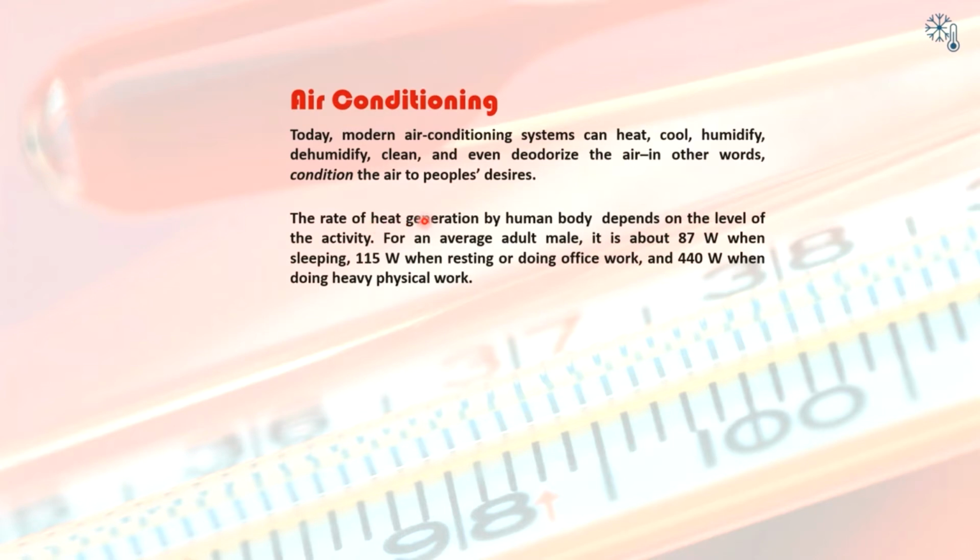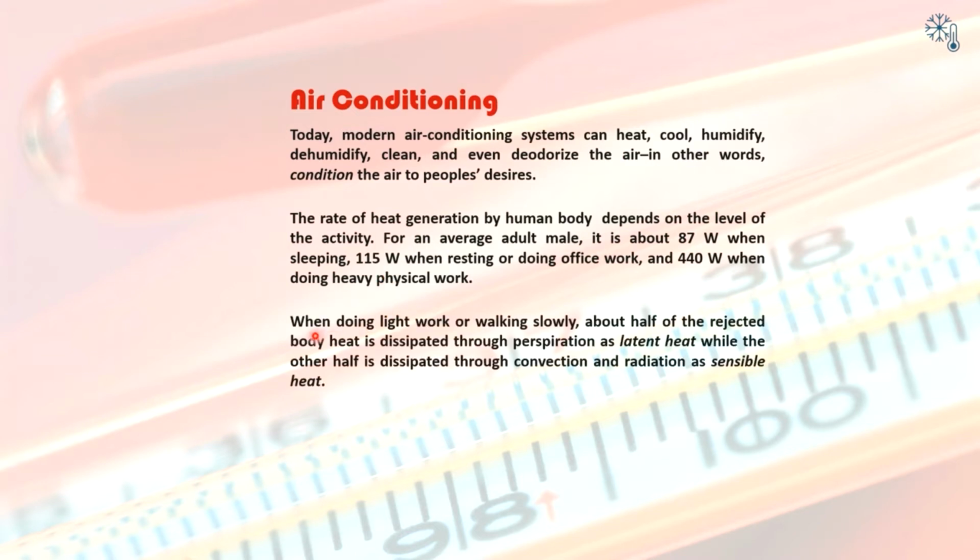Now, the rate of heat generation by the human body depends on the level of activity. For an average adult male, it is about 87 watts when sleeping, 115 watts when resting or doing office work, and 440 watts when doing heavy physical work. These are the amounts of heat released or generated by our human body.